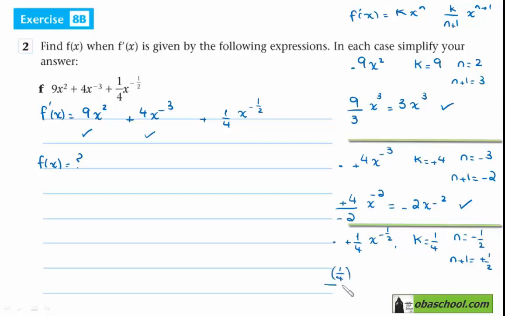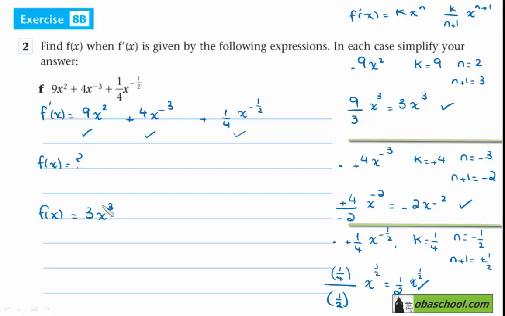Therefore, the integration of the last term is 1 over 4 divided by n plus 1, that is 1 over 2, multiplied by x to the power n plus 1, that is 1 over 2. After simplification, 1 over 4 divided by 1 over 2 is 1 over 2 multiplied by x to the power 1 over 2. We have now integrated all of the terms of f prime of x.